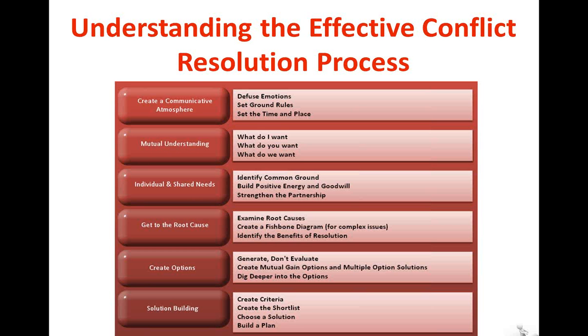Fishbone diagram is a diagrammatic way of drilling down to a root cause, and when we do find that root cause, both parties are responsible for generating options for solving that cause, and in generating those options we dig deeper, we create a set of evaluative criteria as to how to judge each option, and then using that evaluative criteria we select the option that is most preferred for addressing the root cause of the problem as part of positive conflict resolution.